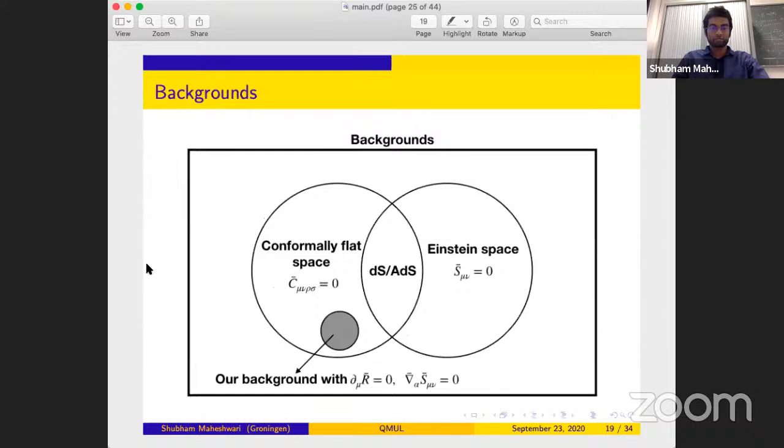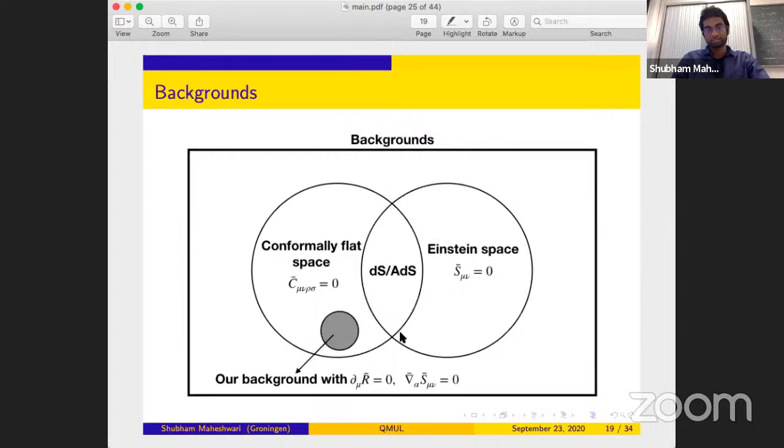I think it's easy to see the kind of background that I'm choosing from a Venn diagram. On the right-hand side, you have the Einstein spacetimes, where the traceless Ricci tensor is 0. These are the spacetimes that people consider for black holes, for example, Schwarzschild. So the right-hand side is relevant for black hole physics. On the left-hand side, you have conformally flat spacetimes, which is relevant for cosmology, where the Weyl tensor is 0.